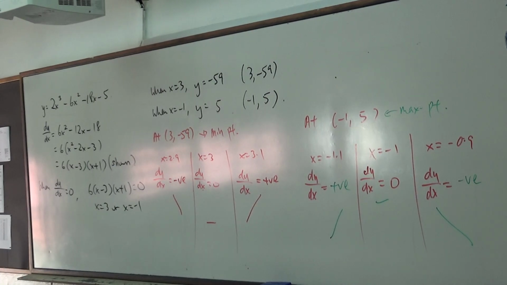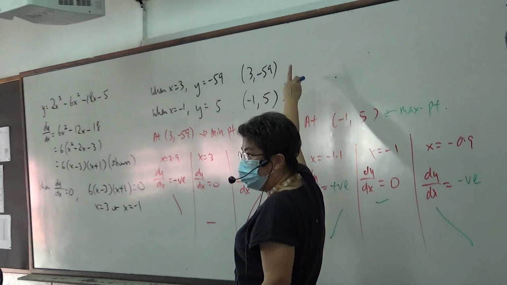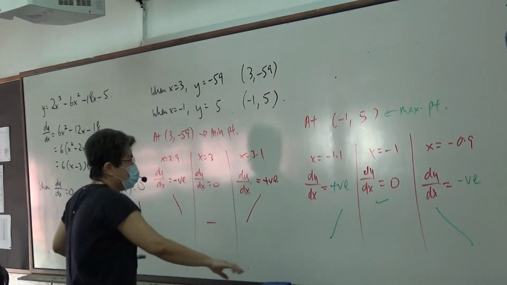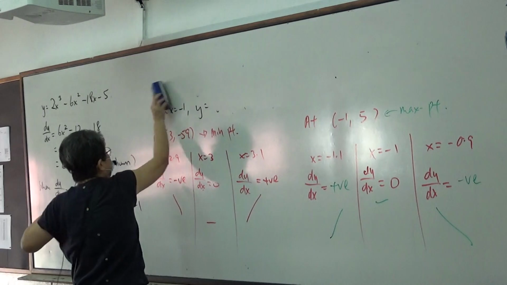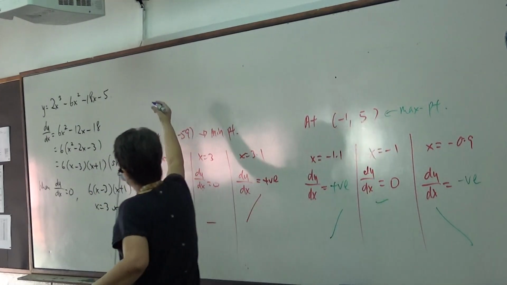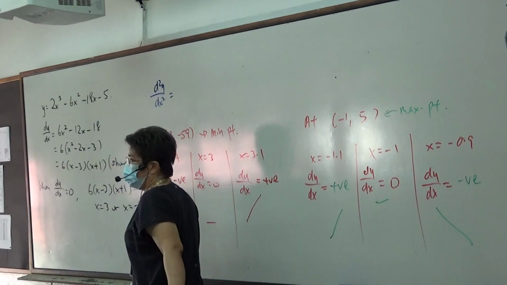Now then my question is this. What if the question never specified? Can I leave this here and do the second derivative on top? I leave it like that so that you can compare. This is when they specify. If they don't specify, what is my d2y/dx squared?